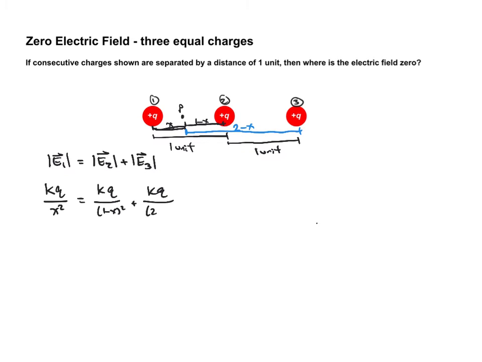So they all have the same charge of Q. The distances are different though, and that's why the denominators are all different there. All these K's and Q's will cancel, making this be 1 over x squared equals 1 over (1 minus x) squared plus 1 over (2 minus x) squared. So this becomes a math problem.